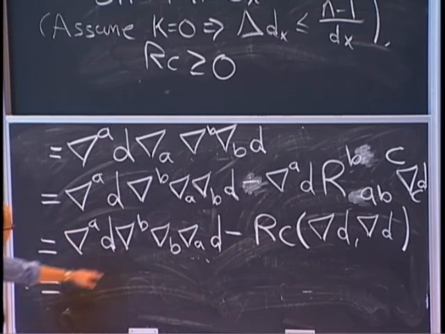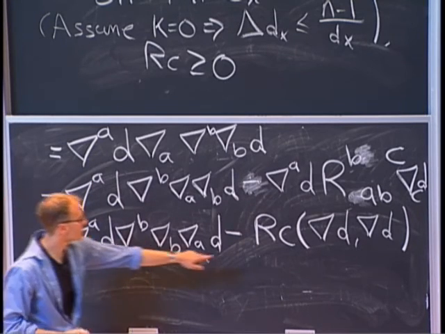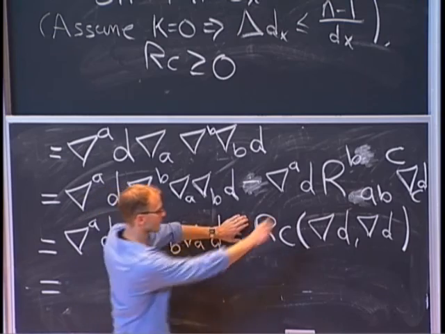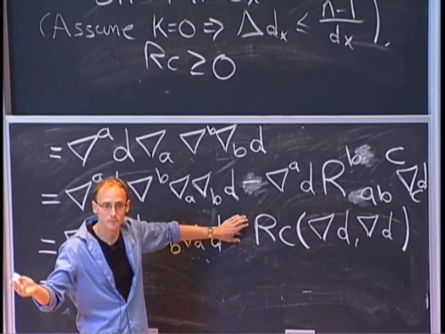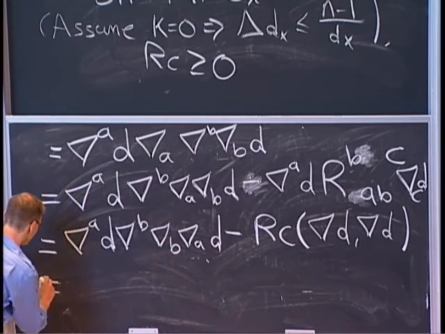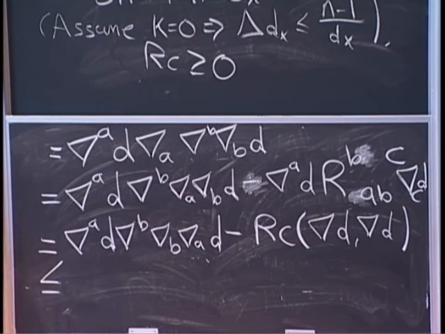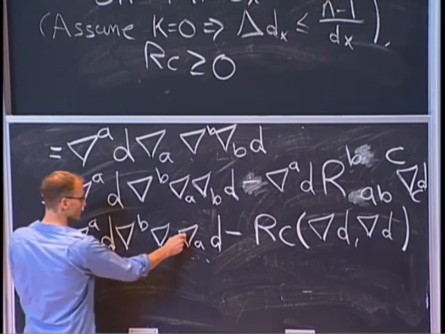But what's this? So this term here, the Ricci of some direction, it's bigger than or equal to 0. I mean, that's the assumption. So I can drop that term entirely and do that. And I can just leave this term.